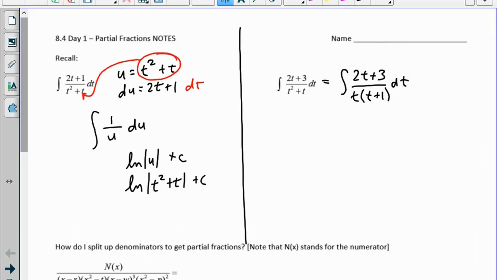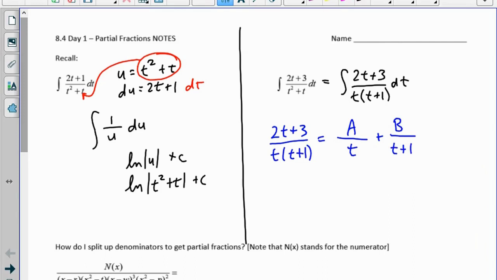What I can do here is I can rewrite this. So if I take a little sidebar and I say that I have 2t plus 3 over t times t plus 1, something you learned in honors pre-calculus is that you can rewrite this equation as a over t plus b over t plus 1. And then all we have to do is find out what a and b are.